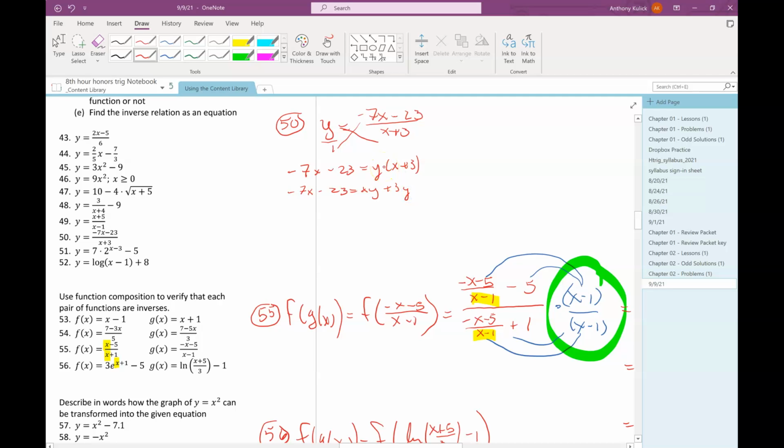And then I'm going to move the stuff with x's onto one side and the stuff without x's to the other. So I subtracted xy from both sides and then added 23 to both sides.